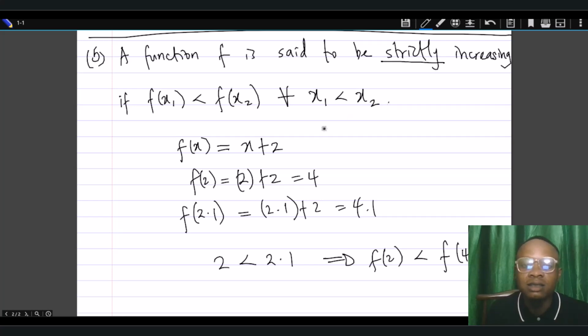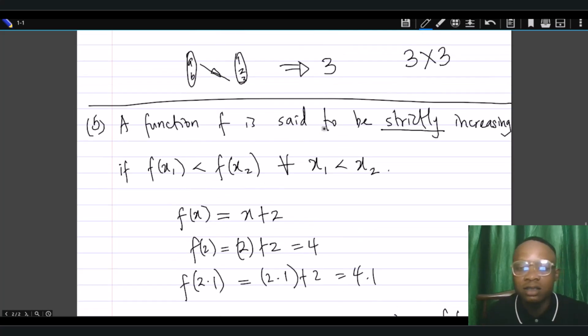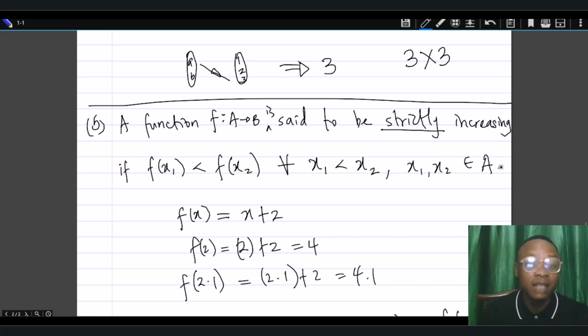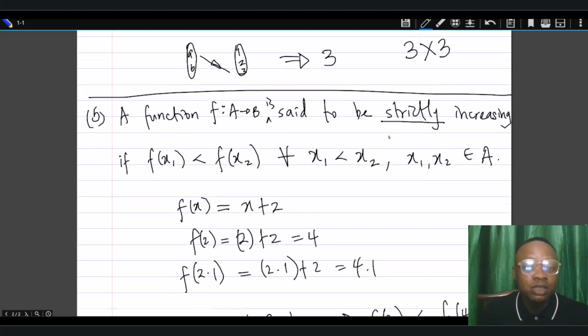We should define this more properly. We should say that a function f from set A to set B is said to be strictly increasing if this holds, where x1 and x2 are, of course, elements of the domain A. So that is the idea with a strictly increasing function.